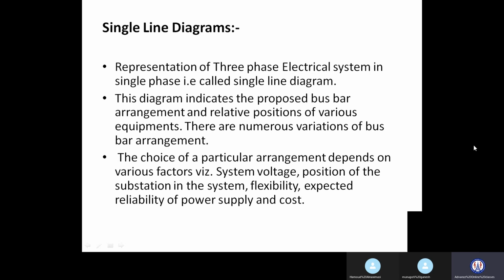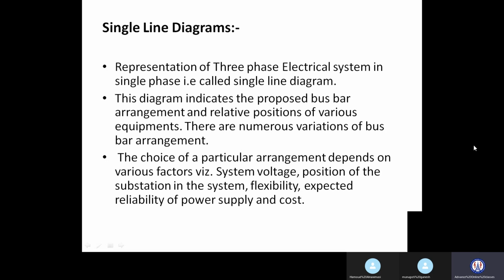The first input is the type of system, or type of substation: whether it is a generating substation, grid substation, industrial, or rural distribution substation.